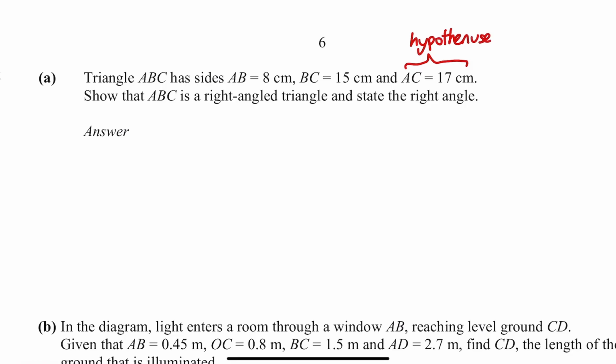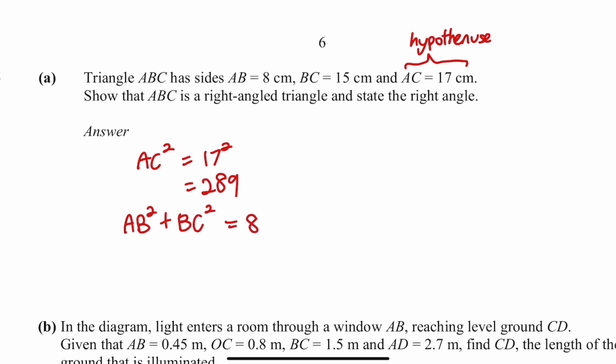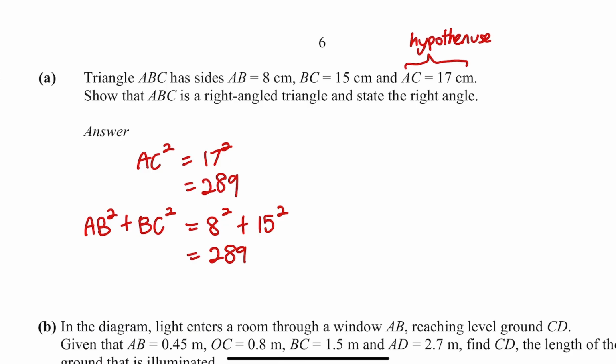Okay, hypotenuse. So therefore, how do we show by the converse of Pythagoras theorem? We first show the longer side: AC square is equal to 17 square, and this is equal to 289. Then I show the sum of the two shorter sides, which is AB square plus BC square. This is equal to 8 square plus 15 square, which also equals 289. So I've shown that the sum of the squares of the two shorter sides of the triangle is equal to the square of the longer side of the triangle.